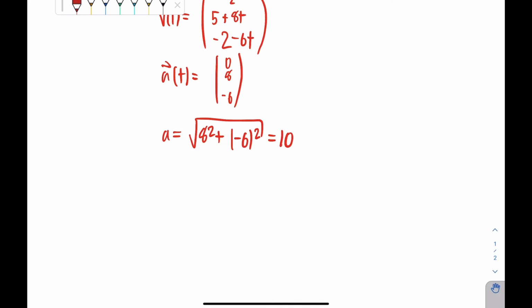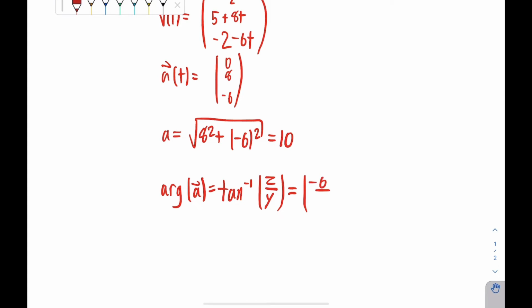Finally, if I wanted to find the angle of this with respect to the x-axis, I would find the argument of said vector. The argument of the acceleration vector is equal to the inverse tangent of y over x, which is equal to negative 6 over 8.